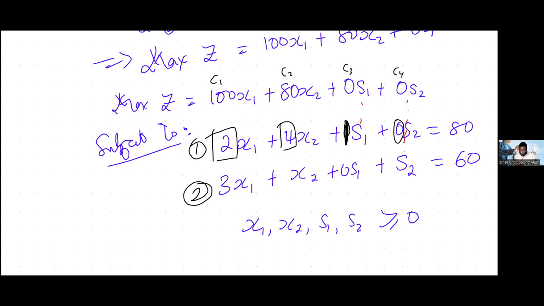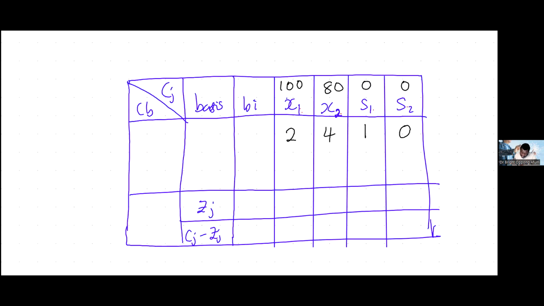For the second constraint, we have 3, 1, 0, and 1. So we'll come here and we'll say 3, 1, 0, and 1. Right? Good. Usually the slack variables form identity matrices. So just take note of that.